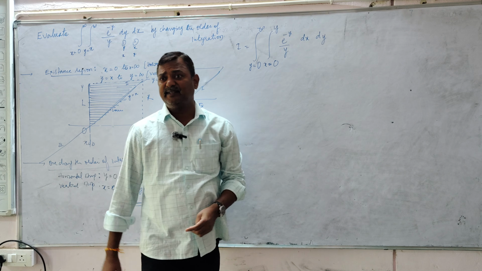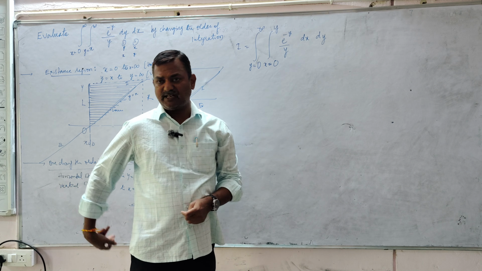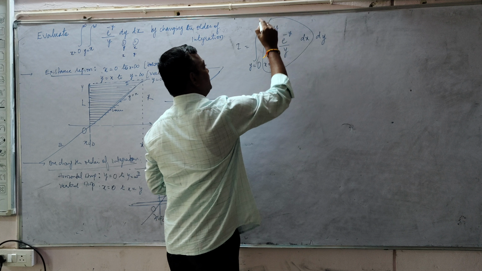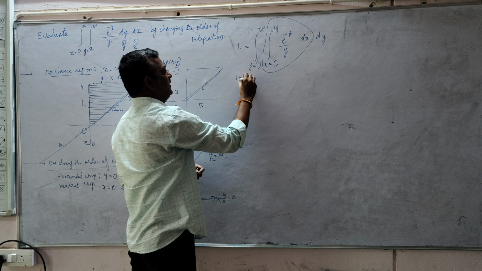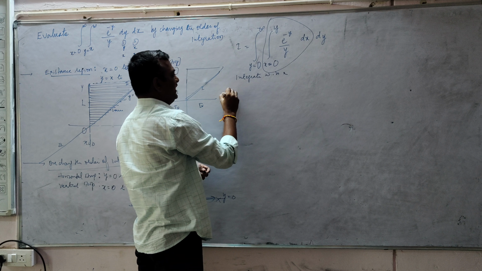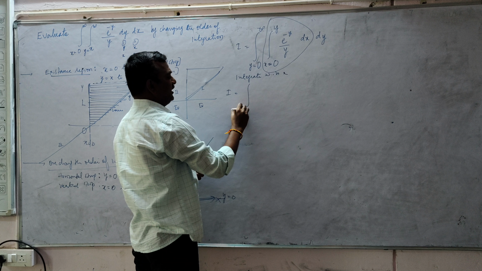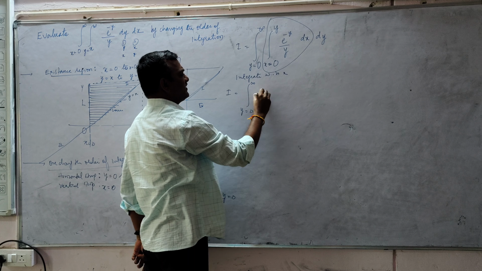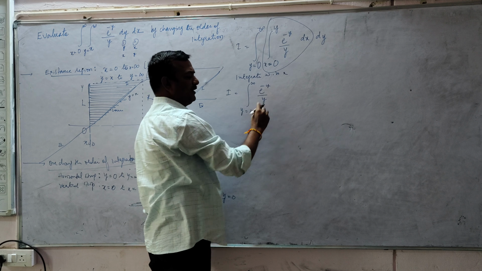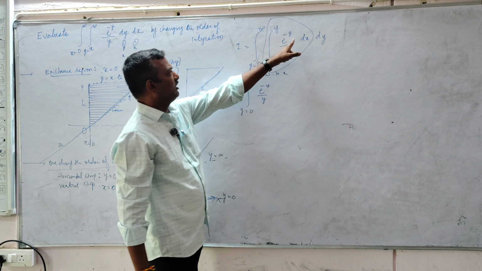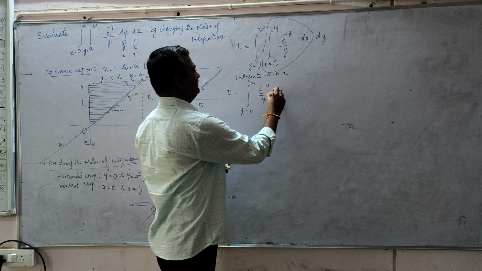Now we have to integrate this. We have changed the order of integration. First we have to integrate with respect to x. Then I is equal to the integral with y running from 0 to infinity. With respect to x, what will happen? E raised to minus y by y becomes constant. What is remaining here? 1.